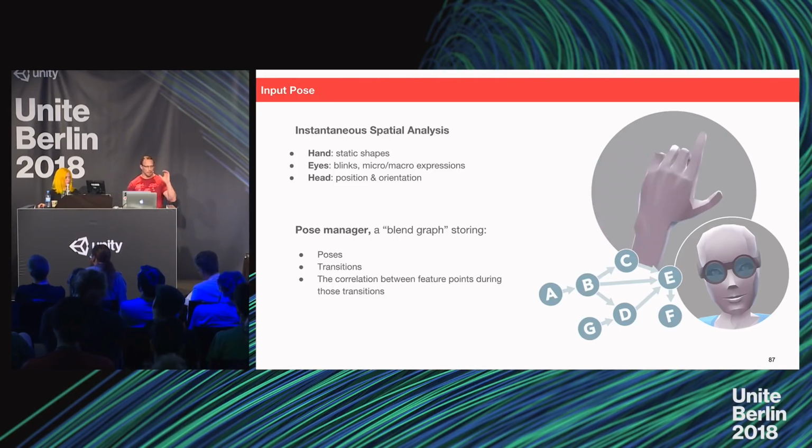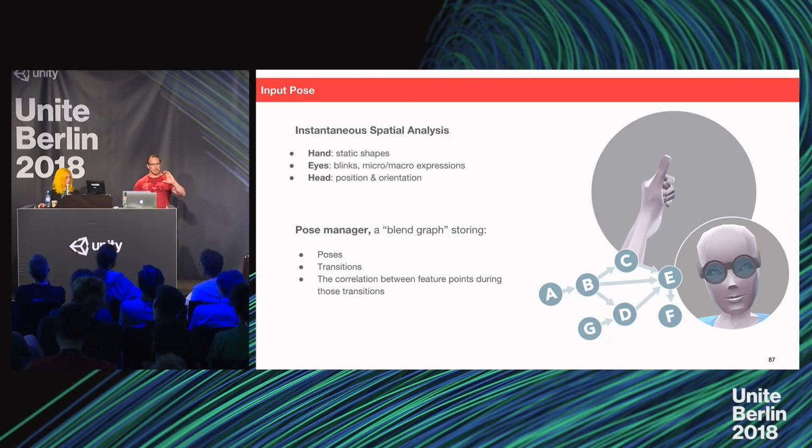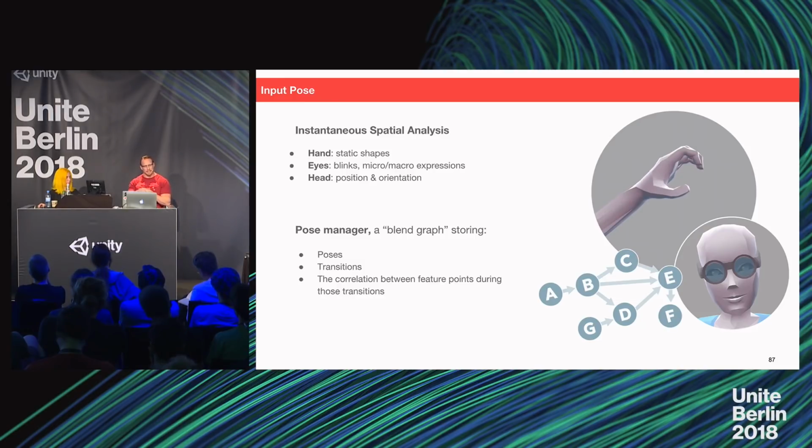So if I have a pose like this with 8 feature points on it, and I go to a pose like this with 8 feature points on it, I can correlate the 8 points on this pose with the 8 points on that pose, and while I'm in the middle, I can infer where those 8 points are as I transition. So I can get a beautiful set of feature points that are being tracked on the hand that exist between recognized poses.